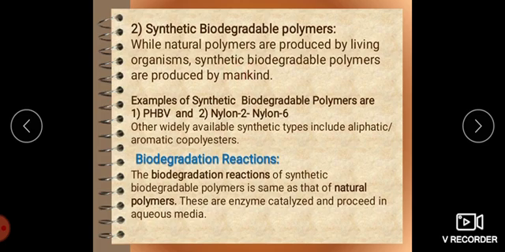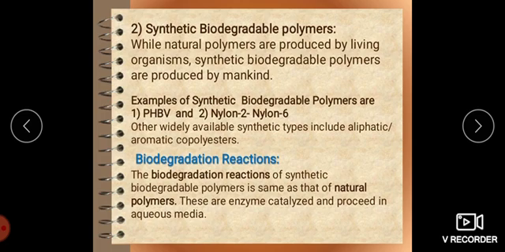Examples for synthetic biodegradable polymers are PHBV and nylon 2-nylon 6. Other widely available synthetic types include aliphatic-aromatic copolyesters, which are alternatives to natural biodegradable polymers.